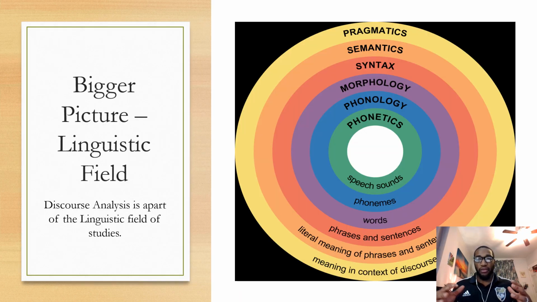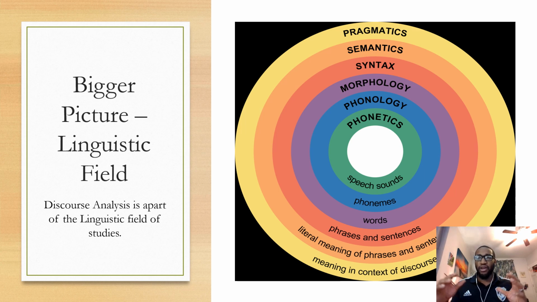So, as I said, we have this big academic field of studies, then inside of that, we have the humanities, and then inside of the humanities we have linguistics, and that's the study of language and how people communicate in general. But inside of linguistics, there are several layers.